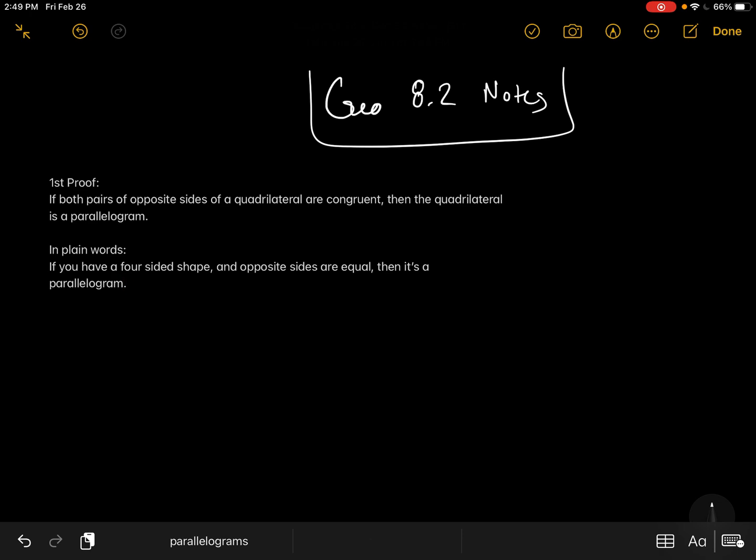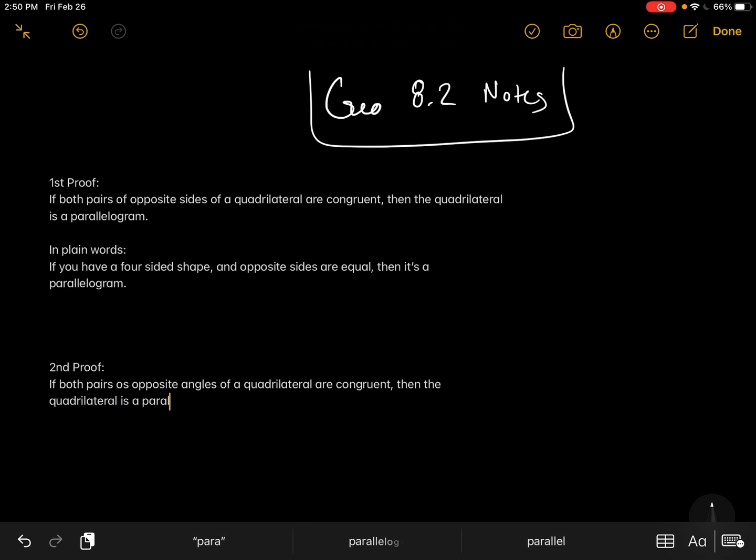So that's the first one, and you can use that for your proofs. The idea is that if you are able to prove that the opposite sides are equal, then you're able to prove that it's a parallelogram. The second type of proof that we're going to have is as follows. If both pairs of opposite angles of a quadrilateral are congruent, then the quadrilateral is a parallelogram.